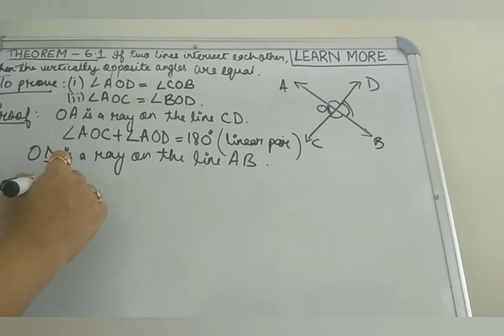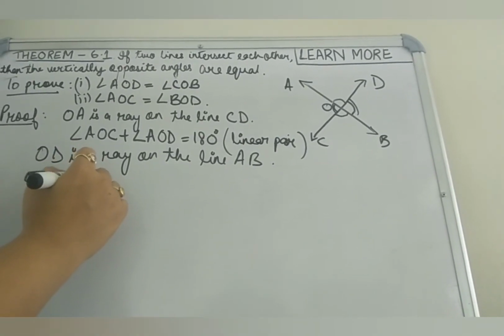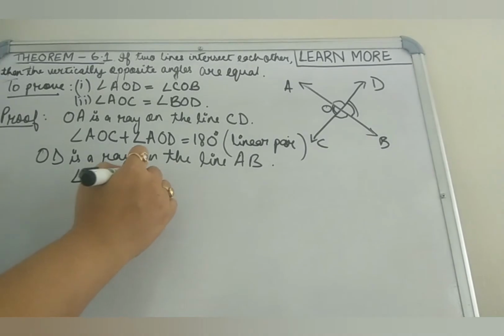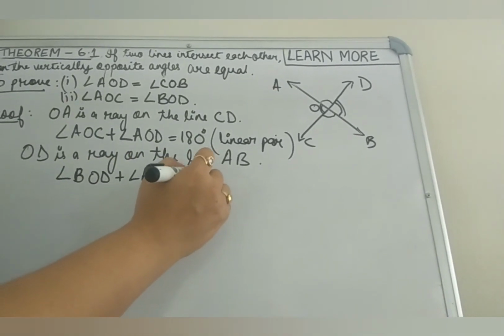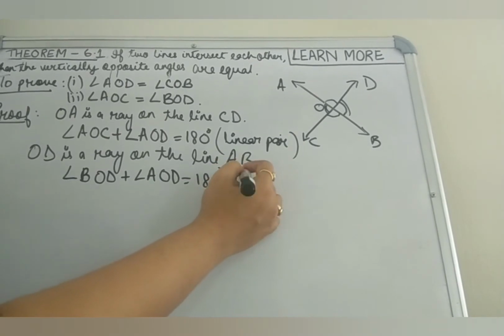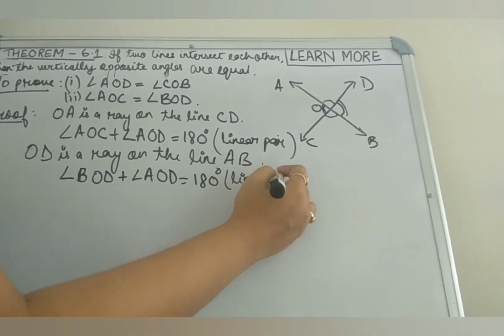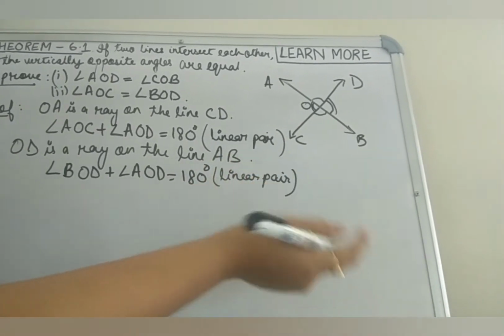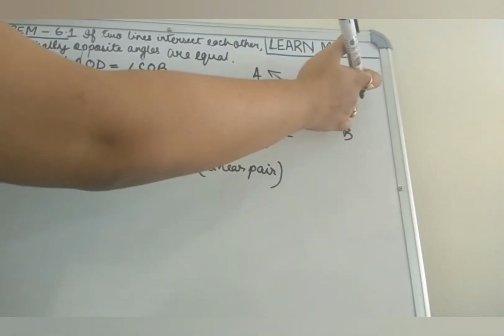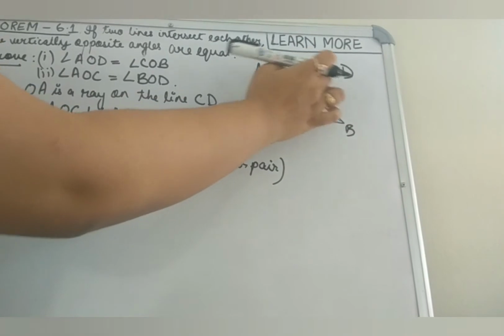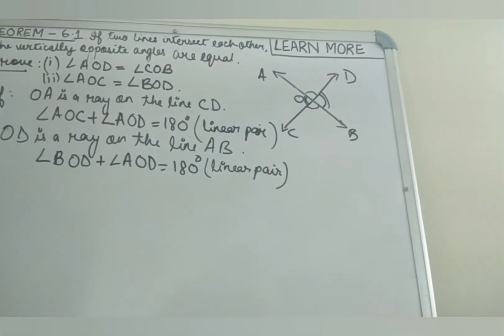We will get that angle BOD plus angle AOD will be equal to 180 degrees. This is also a linear pair. How is this a linear pair? AOD and DOB form an angle that is 180 degrees.